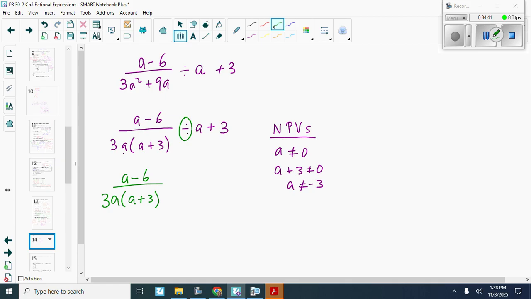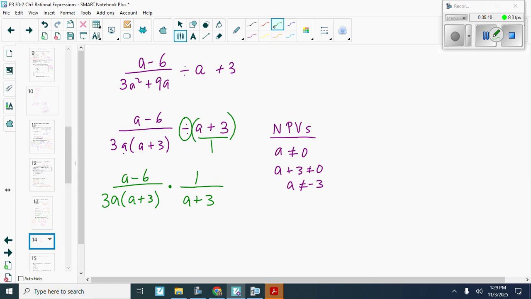Okay, it's an a plus 3. It's a binomial. When we multiply by the reciprocal, when you have numbers like this, a binomial, every number can be written over 1.